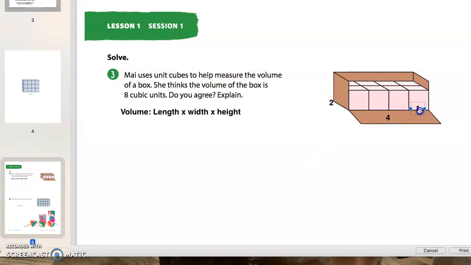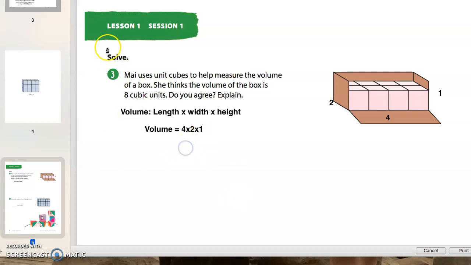Now that I labeled it, which you always want to do on your tests and quizzes and your homework, I can multiply. So then I rewrite my formula. Volume equals, length was 4, width was 2, height was 1.